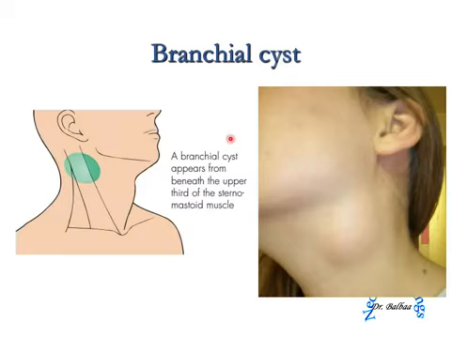What are the signs I can elicit when I examine a patient like this? The patient will present with a swelling in the upper part of the neck, mainly at the junction between the upper third and lower two-thirds of the sternomastoid. I will find the swelling underneath, or deep to, the sternomastoid, and this is explained by what we have said: the second branchial arch, which makes the operculum, is responsible for the development of the sternomastoid.